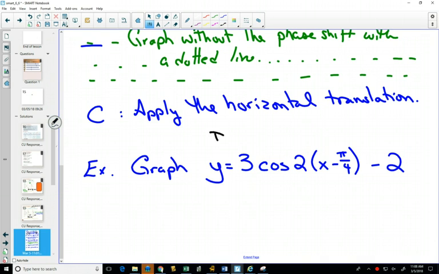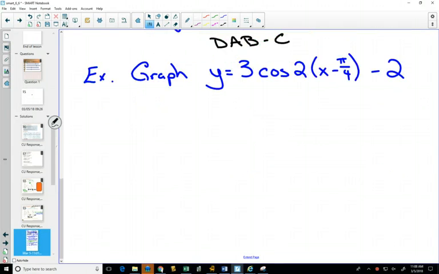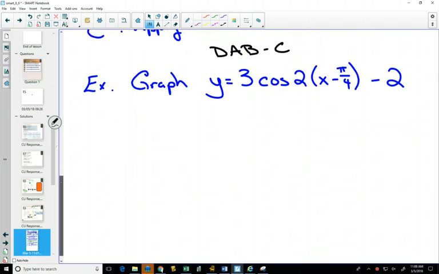And we're going to graph this using DAB-C. Was everybody done writing down the instructions? Yeah? Okay.